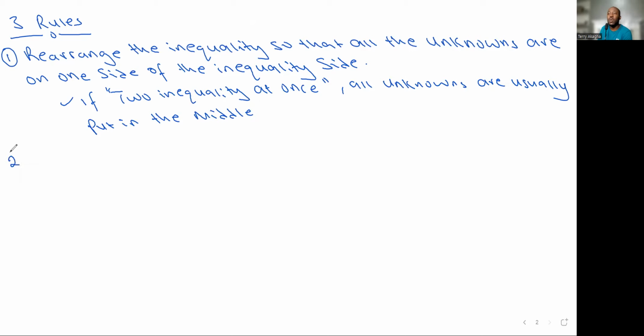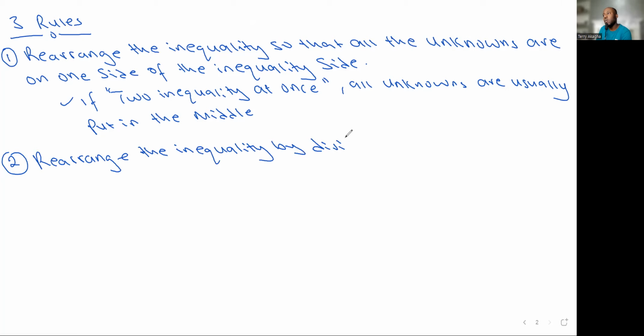Then number two, when you're done, you have to rearrange the inequality by dividing by the coefficient.